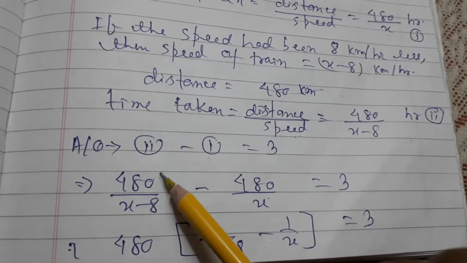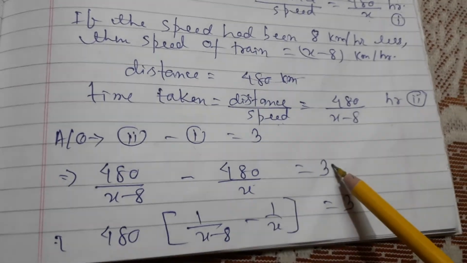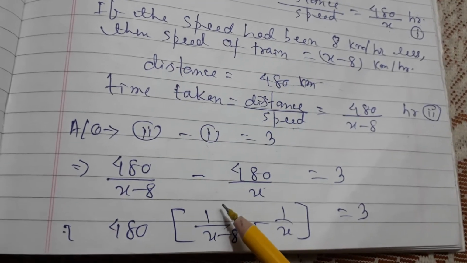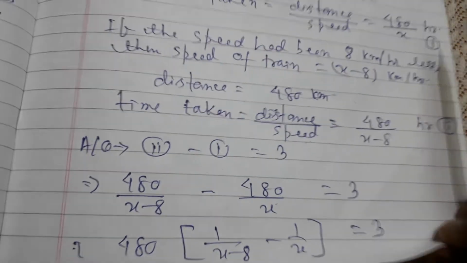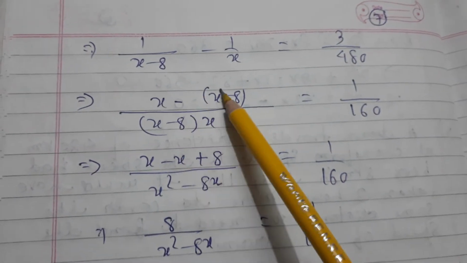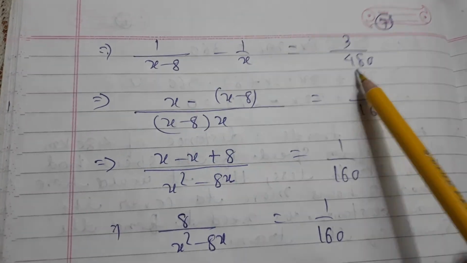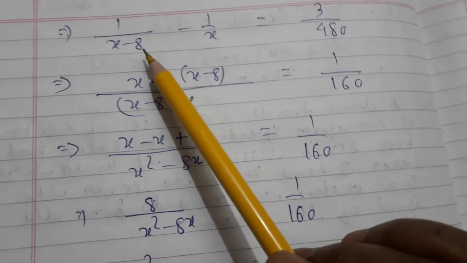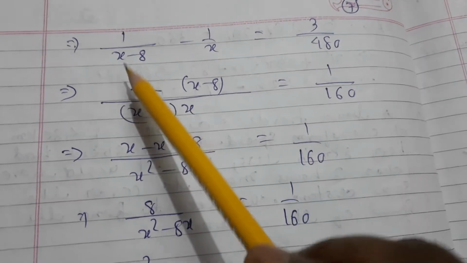So 480 by x minus 8 minus 480 by x equals 3. Now 480 you take common. So in bracket 1 by x minus 8 minus 1 by x equals 3 by 480, that is 1 by 160. Now take LCM, x minus 8 and x. So if we divide, then x minus 8 cancels, x remains. So x into 1, x.